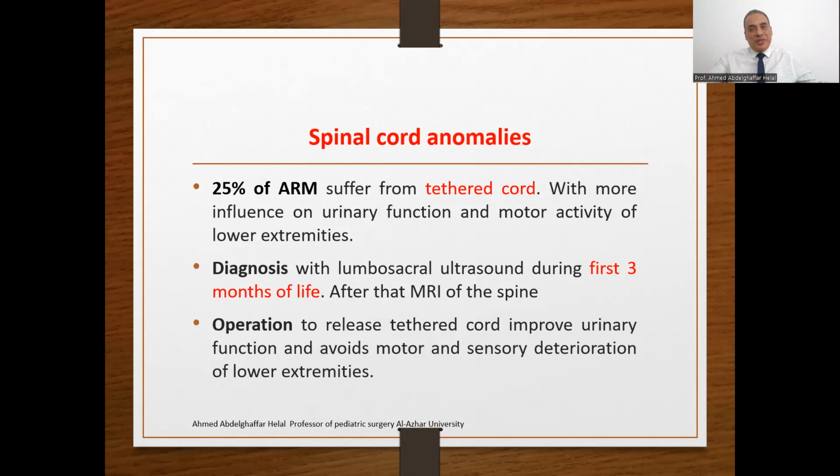After that, the diagnosis will need an MRI of the spine. The operation to release the tethered cord will improve urinary function and avoid motor or sensory deterioration of the lower limb. So it's mandatory to search for sacral anomalies or spinal cord anomalies in any baby with anorectal malformation.